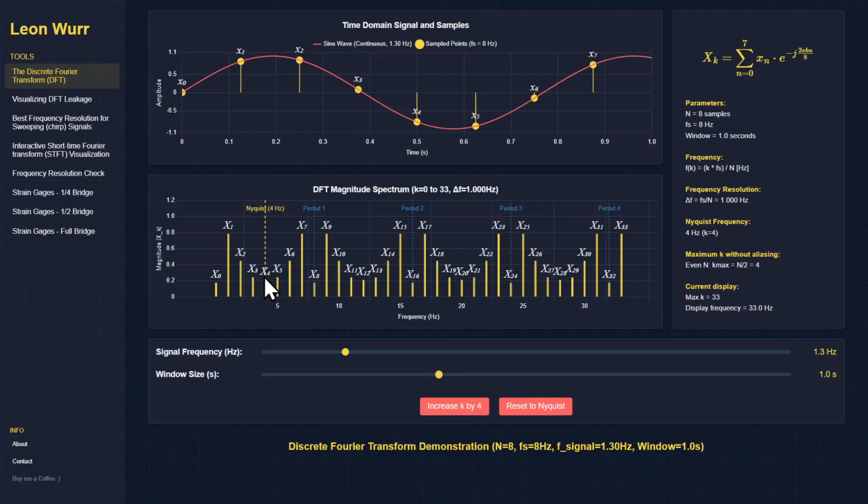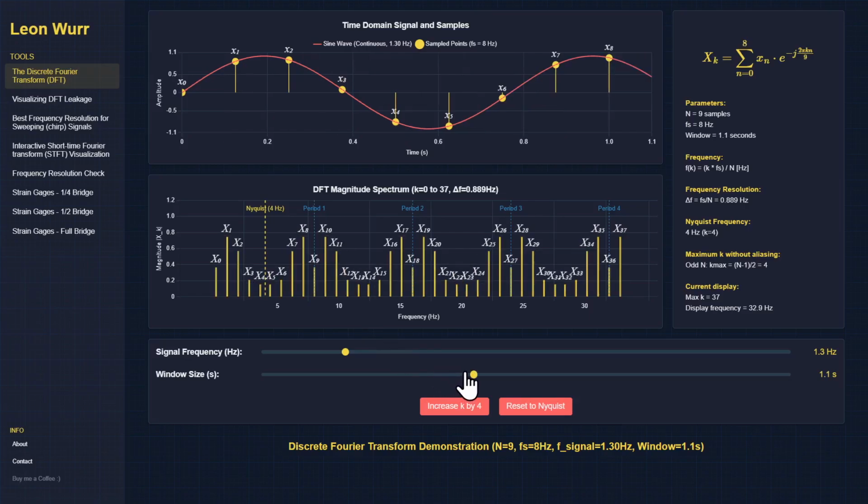And then it depends on how many samples you have. If it is an even number, normally you display your spectrum all the way to half of the number of samples. If I make my observation time frame a little bit bigger, such that now I have 9 samples, this is an odd number of samples, I will not display that extra spectral line.